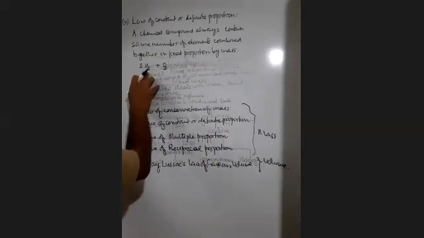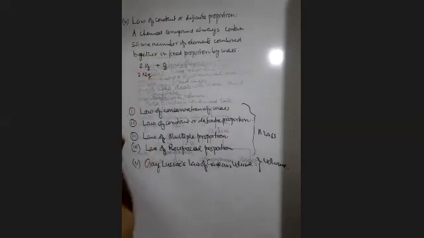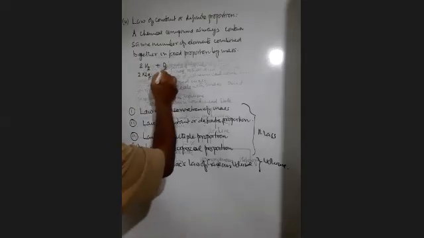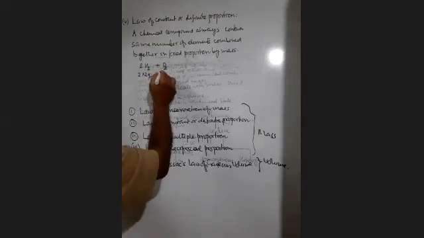Actually it is not 1, it is 1.008. Anyway, forget, let us consider 1. So H2 means 2. So 2 into 2 gram of hydrogen combines with oxygen, whose atomic mass is 16, so it is 32.